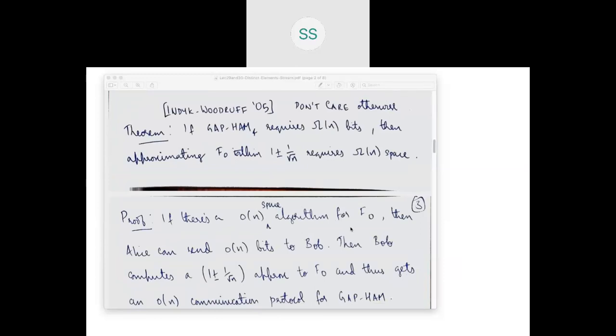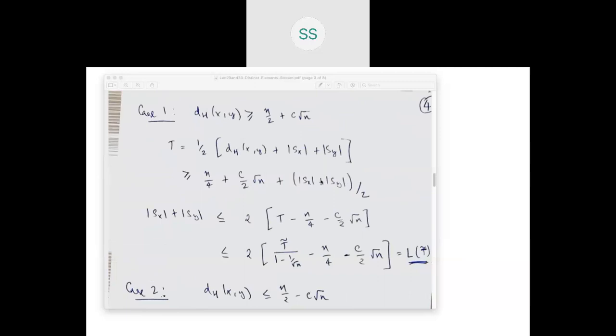What we want to show to complete the proof that F0 requires linear space is that a randomized one round protocol for gap Hamming requires linear many bits.